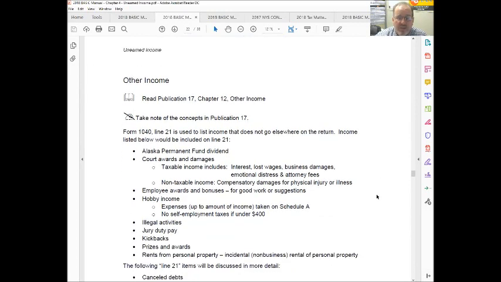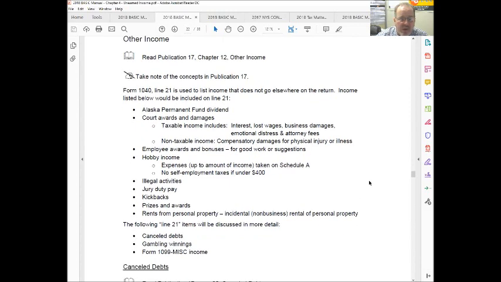All right, other income. Basically, anything that we can't find a spot or specific line for on our 1040 in lines 1 through 20, once it is reported, we hit line 21, where we'll have a bunch of different other incomes. I don't think we run across too many people here that are residents of Alaska that get that. It does talk about court awarded damages.